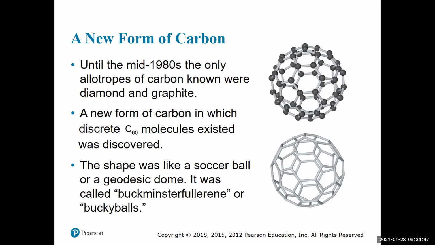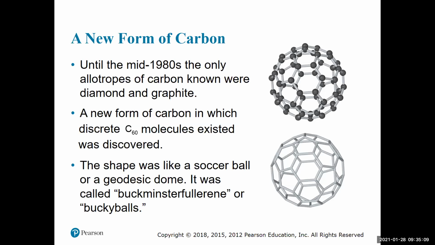About 25 years ago or so, maybe longer, well, it was the 1980s, so 30 years ago, another form of carbon was found, and it's this thing called buckyballs. Okay, so on the right here is what it looks like. So remember what the diamond shape looked like.